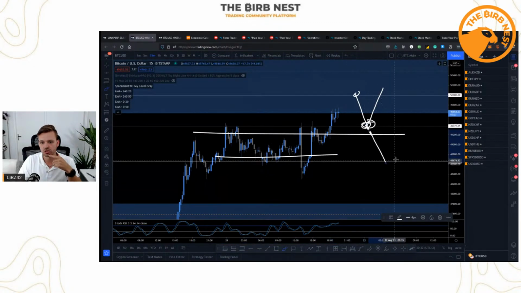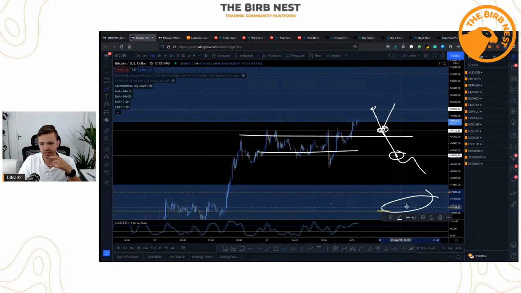And if we lose the range low of this range, I do believe we're going to get a breakdown and we'll test the lower levels around 47K.